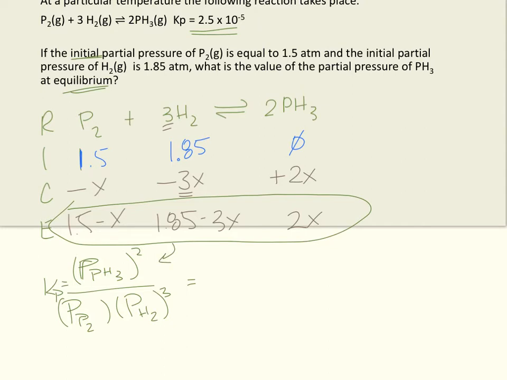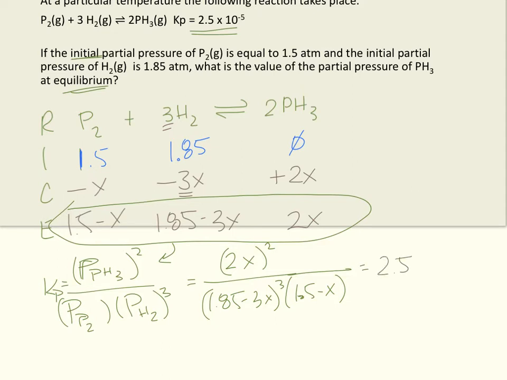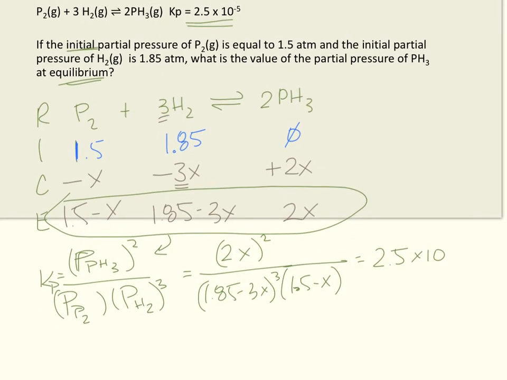And so I've got 2x squared divided by 1.85 minus 3x cubed times 1.5 minus x, right? And that's going to be equal to 2.5 times 10 to the negative fifth. I can't see it, my pause button is in the way.